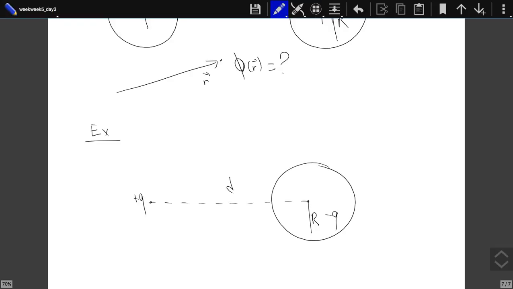First we assume that it's grounded, and find the image charge. So you are saying here we have minus q times r over d, and this distance is r squared over d.